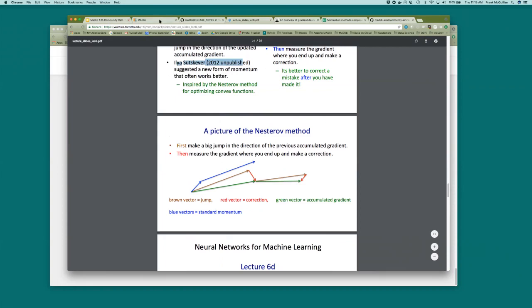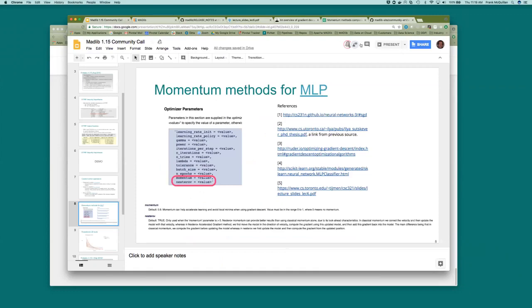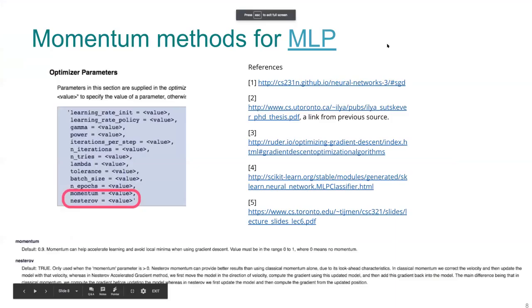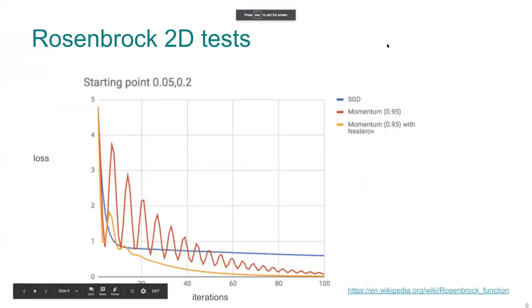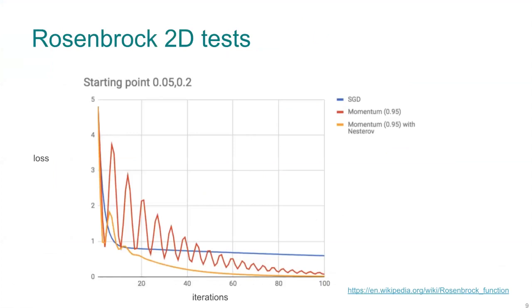We've done a fair amount of testing with that as well. Here's one example on Rosenbrock, a non-convex function that a lot of people use for testing optimization. This is loss on the y-axis, number of iterations on the x-axis.